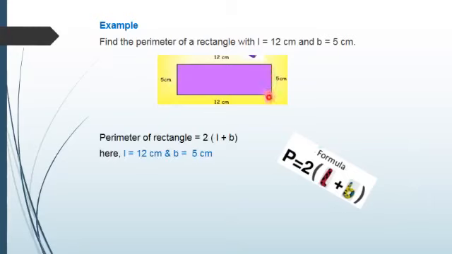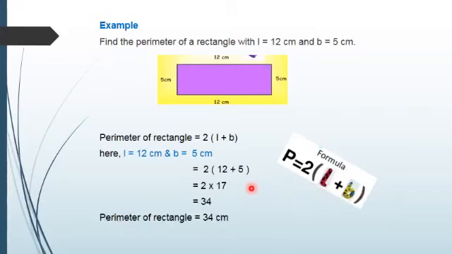We will put these numbers in the formula and it will be equal to 2 times (12 plus 5). Firstly, we will add 12 and 5 and then multiply its answer by 2. So 12 plus 5 is 17 and then we multiply 17 by 2. It will be equal to 34. Therefore, the perimeter of the rectangle will be 34 centimeters.